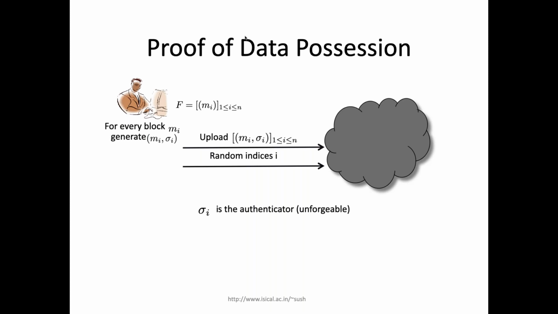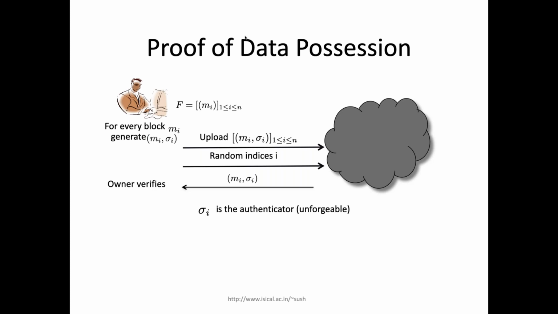The same process continues: it randomly chooses some indices and asks the server to return the message and the tag, and verifies whether the tag sigma i is the correct tag for the message mi. The only thing you have to ensure is that sigma is an unforgeable authenticator, in the sense that you will not be able to construct any new mi, sigma i pair, even if you know some of the existing pairs. You cannot forge such a message and tag pair.